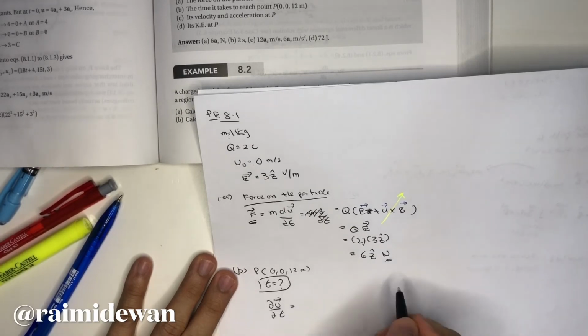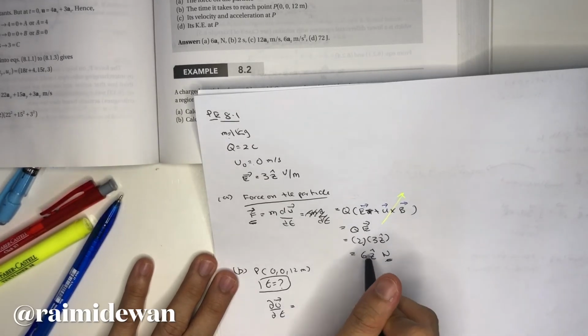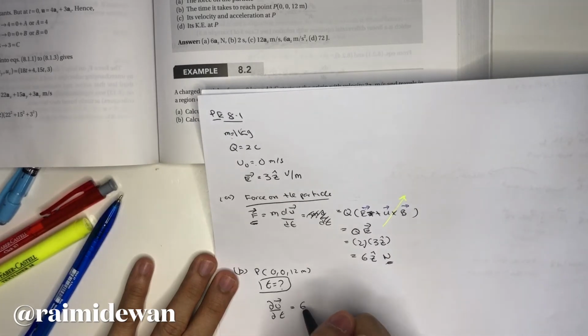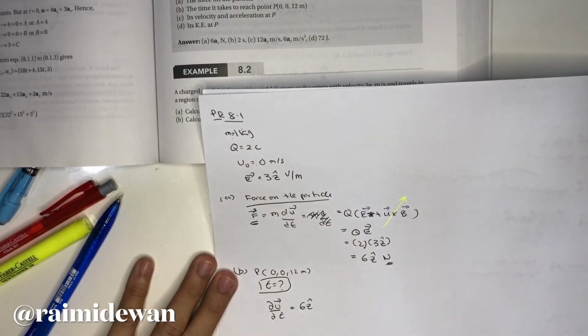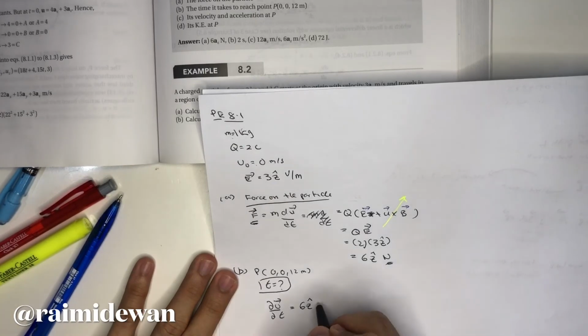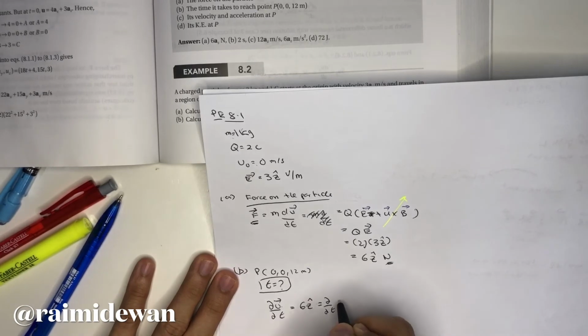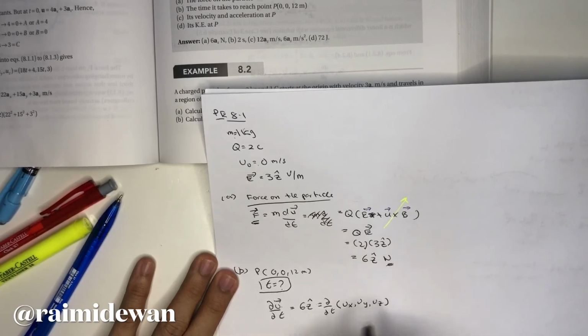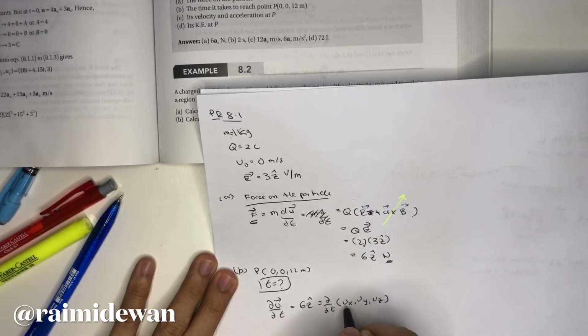dt equals to what? You know it is already 6Z. Then this one also can be in the elements of Ux, Uy, Uz, correct? Because this U actually consists of Ux, Uy, and Uz.